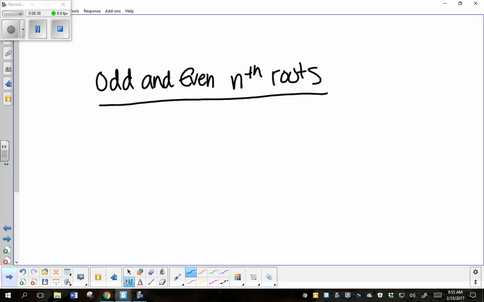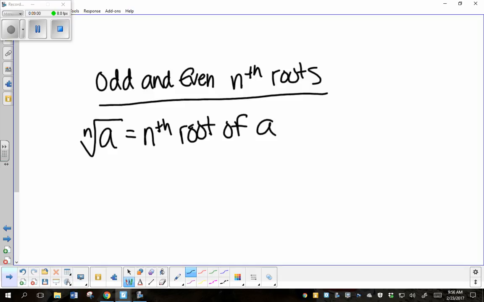So if we see this, that means we're taking the nth root of a. n could be any number. We could take the cube root, the 4th root, the 5th root, the 6th root. So this is the nth root of a.